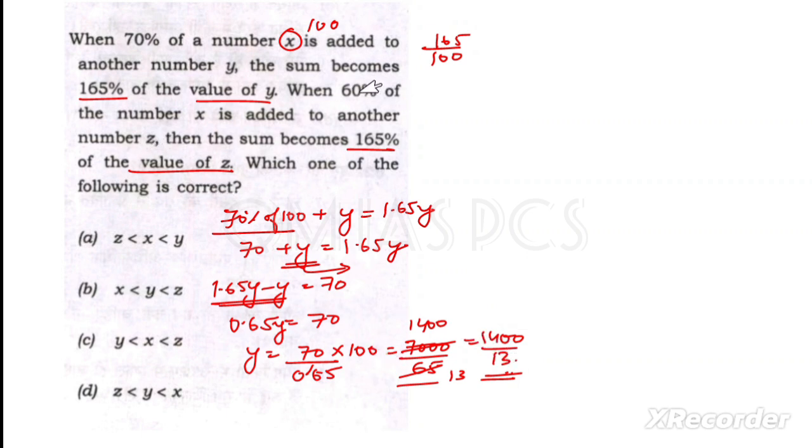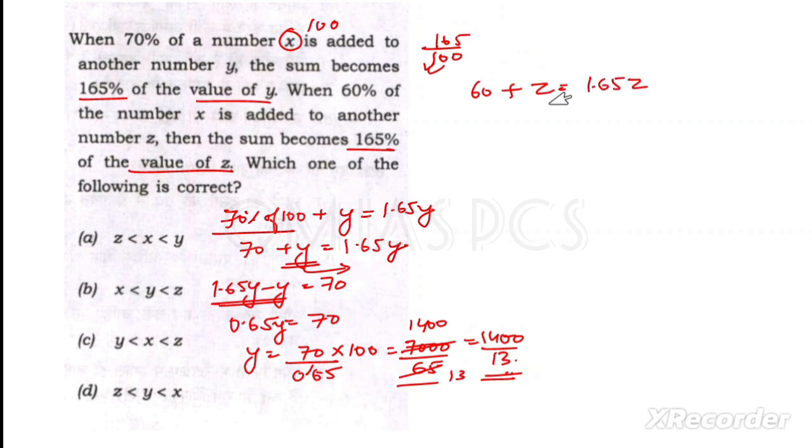When 60% of number x is added to another number z, x is 100, so 60% of 100 is 60, plus z is equal to 165% of the value of z. 165% means 1.65 of z.